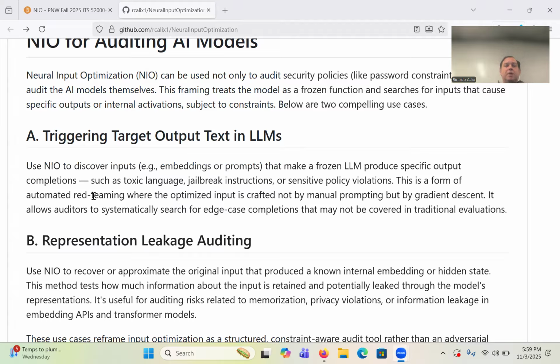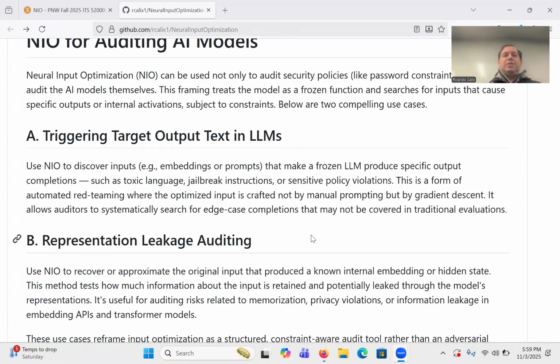This is a form of automated red teaming where the optimized input is crafted not by manual prompting, but by stochastic gradient descent. It's pretty nice, right? That's pretty interesting because maybe you were just thinking of regression, but this is manipulating language. And like I said, images are even closer to the central idea of this.